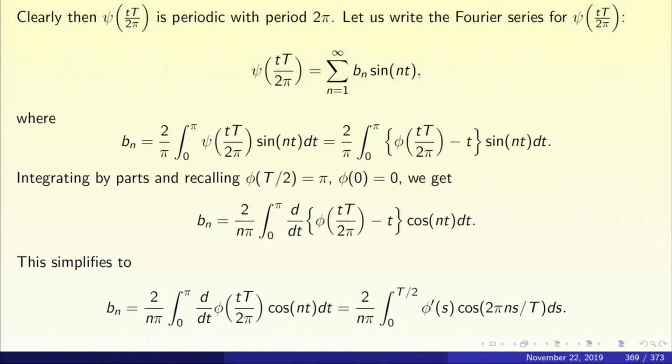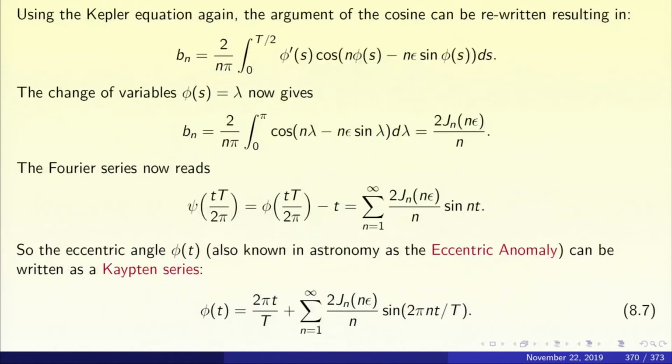So now again let us go back and put the expression for 2 pi little s upon T. Using the Kepler equation, it is phi of s minus epsilon sine phi of s, and we get bn equal to 2 upon n pi, integral 0 to T by 2, phi prime of s into cosine of n phi s minus n epsilon sine phi s, ds.